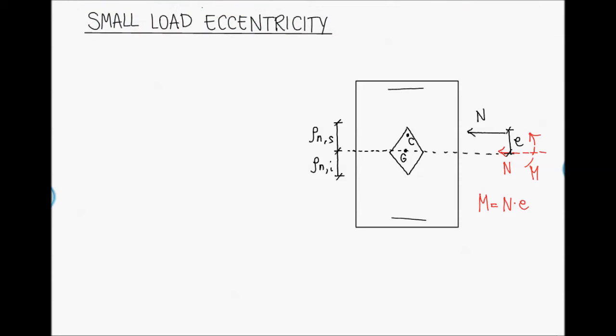So we have that the eccentricity E, equal to M over N, in case of small load eccentricity, is bounded in between the two dimensions of the central core of inertia. So in case of small load eccentricity, we have ρ ns lower than E, lower or equal than ρ ni.